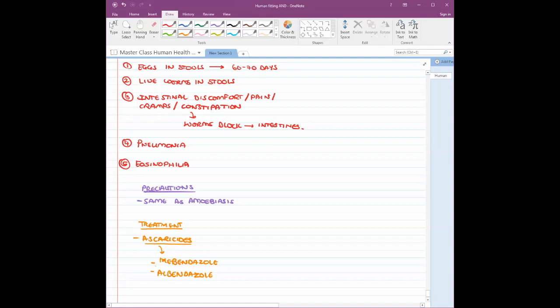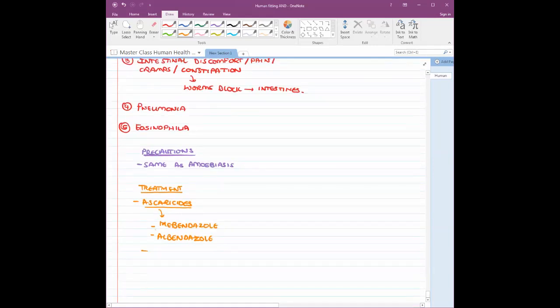Other ones that are there, guys, we have piperazine, then pyrantel, and the next one is levamisole. This is what we need to use as treatment against ascariasis, guys.